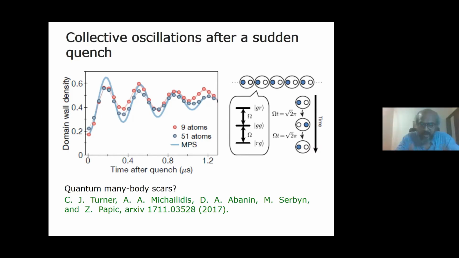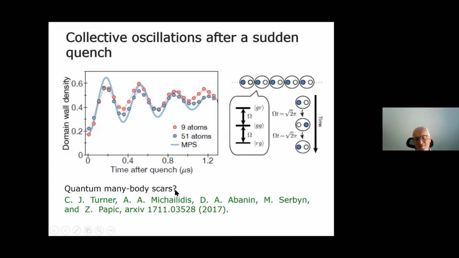From that oscillation, can you actually extract the number of atoms? Usually the revivals depend on N, right? Yeah, but these are not revivals. Here's a comparison, the time after quench and the domain wall density, which tells you the ordering. You can see that for 9 atoms and for 51 atoms, we observe what looks like the same oscillation frequency in the system. So it's not a revival.